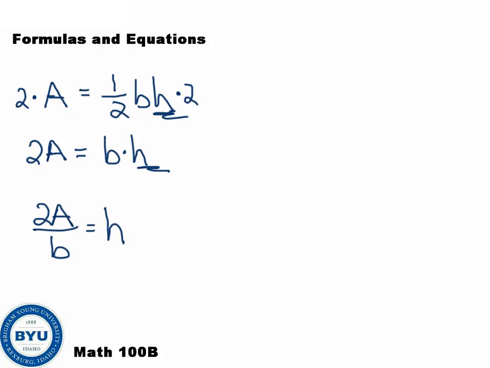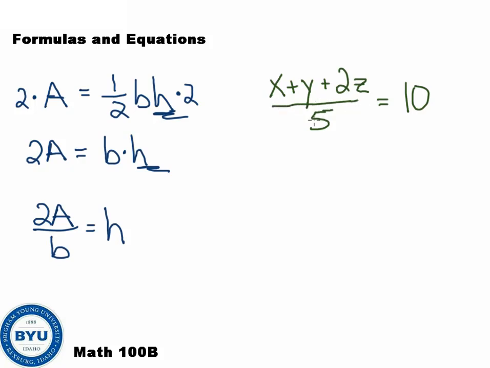Let's look at one more of those examples. What if we had x plus y plus 2z over 5 equals 10? So in a problem like this, again, we'd want to eliminate the fraction. And to eliminate the fraction, you can multiply both sides by the denominator.